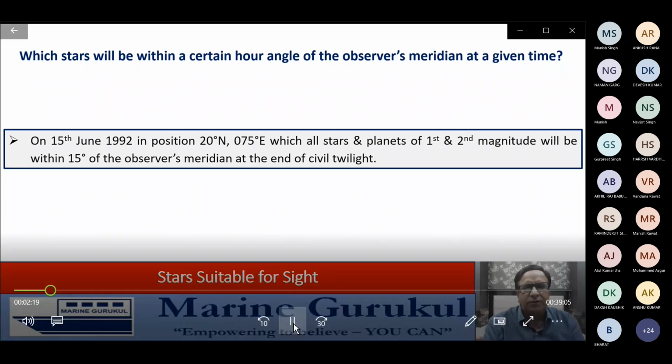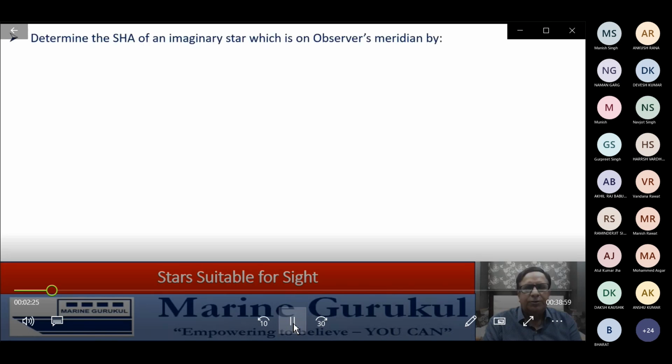Within 15 degrees of observer's meridian at the end of civil twilight, we shall assume in such cases an imaginary star on the observer's meridian and determine the SHA of that imaginary star. We know that when a body is on the observer's meridian, its LHA is equal to 000 degrees or 360 degrees.